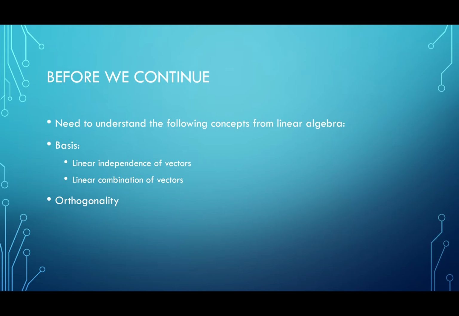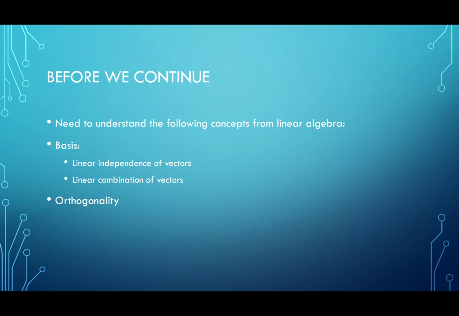But before we continue, we need to understand some concepts borrowed from linear algebra. So the most important concept is basis. Before we understand basis, we also need to consider the following. First one is the linear independence of vectors and linear combination of vectors. Don't get scared by this terminology, as we will dive further into these two things after this slide.